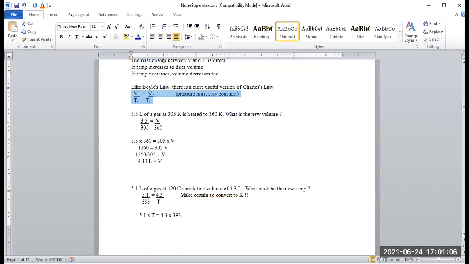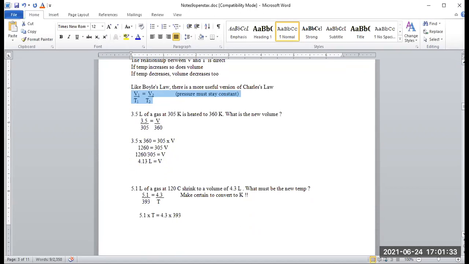So if I have 3.5 liters of gas, and we are at 305 Kelvin, that's going to give us a situation then that when we heat it up to 360, we should expect a larger volume, okay?